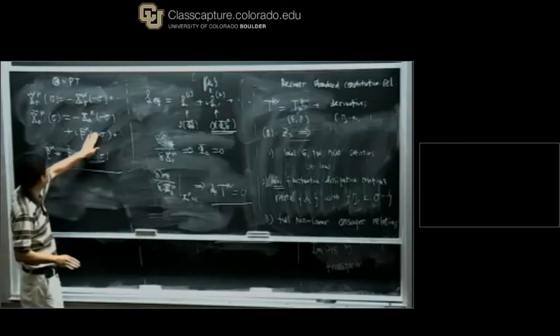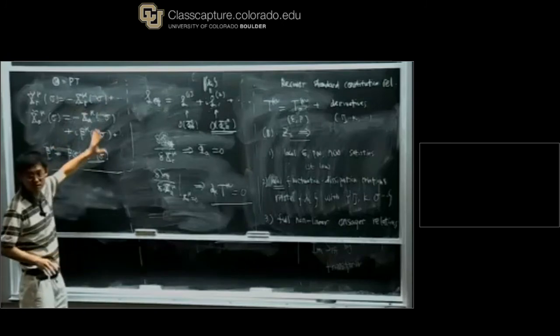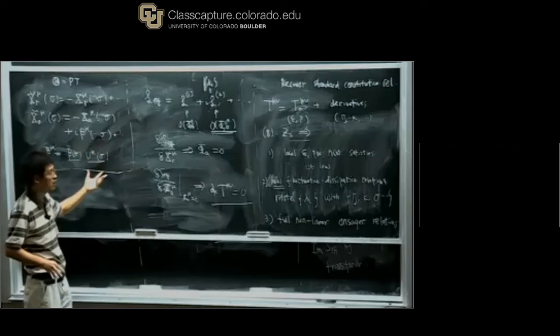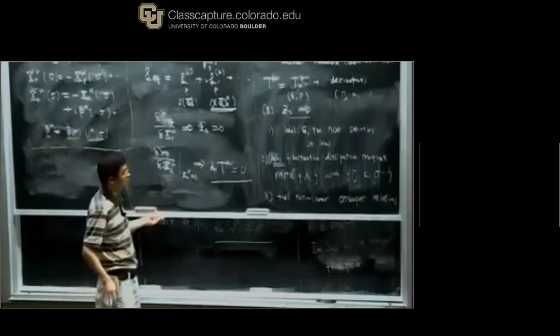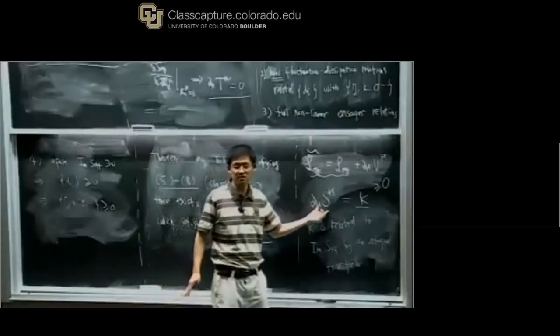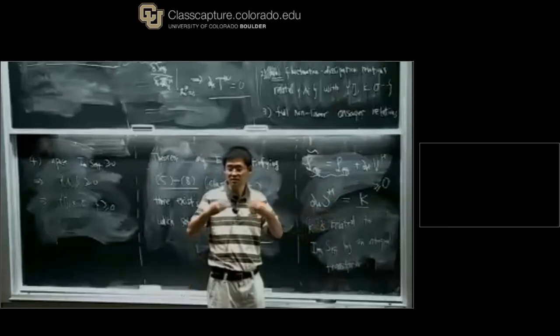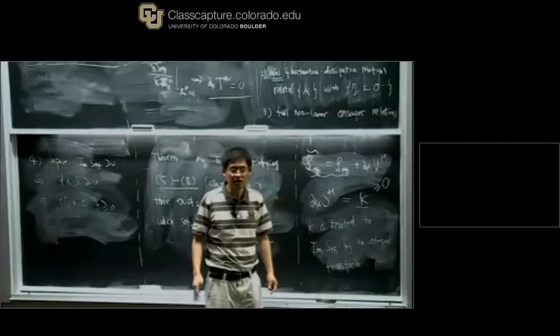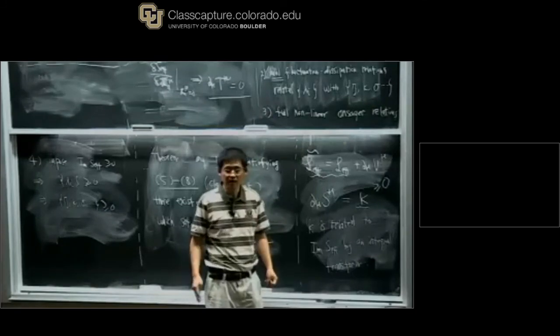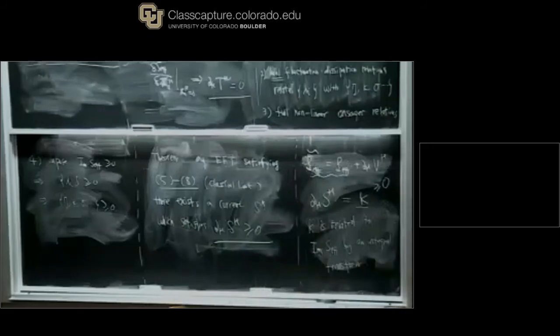If you erase that, this becomes a continuous transformation, an accidental U1 symmetry. So at the ideal fluid level, this becomes a conserved current, which is consistent with the standard expectation that in ideal fluids the entropy is conserved. Okay, I will stop here. Thank you.